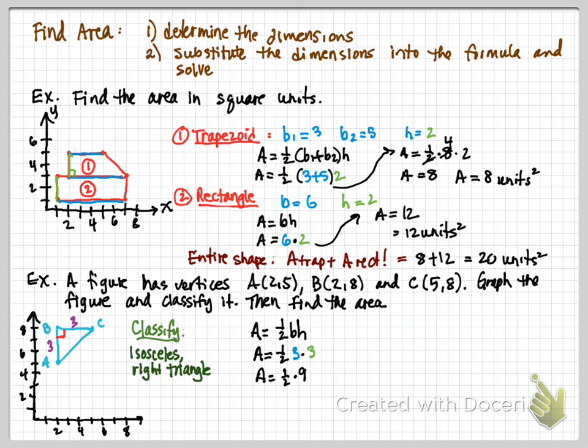So I get a half times 9, which equals 9 halves. And the only thing that I need to remember to do is to turn it into a mixed number, because it's a measurement. So 2 goes into 9 4 times, which is 8 with 1 left over, and the remainder is 1 half. So what I have is the area is 4.5 square units.